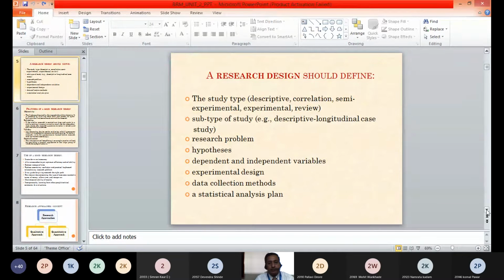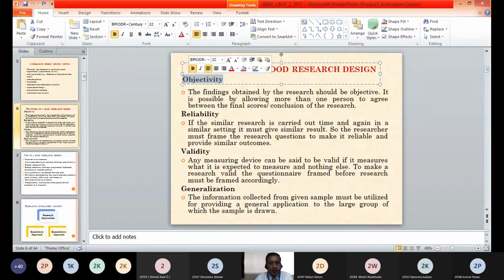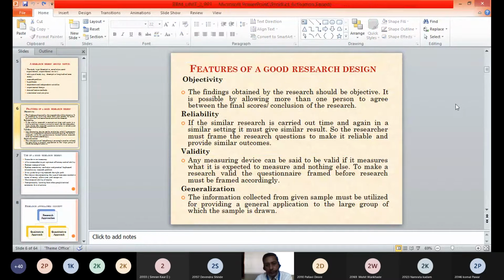Then going next, features of a good research design. What are the different qualities of a good research design that we need to understand? The first important quality is objectivity. Objectivity we have discussed in the last session also. Objectivity means there should not be any bias in it.